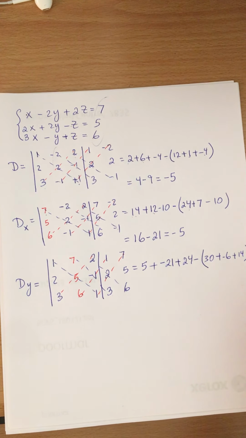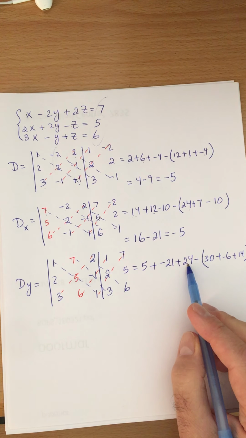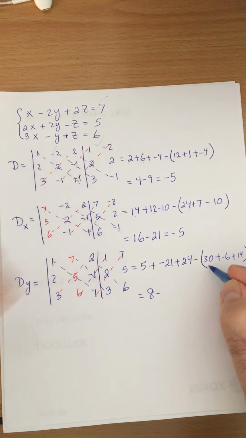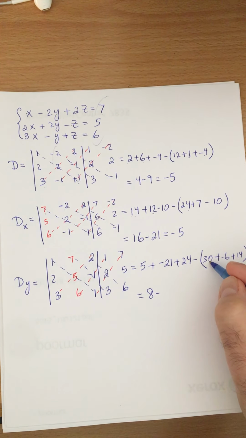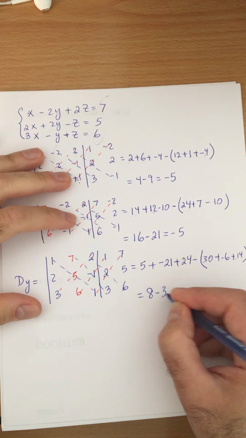Okay, so negative 21 plus 24, that's 3, plus 5 is 8, minus 30 minus 16 is 24. 24 plus 10 is 34. 34 plus 4 is 38.